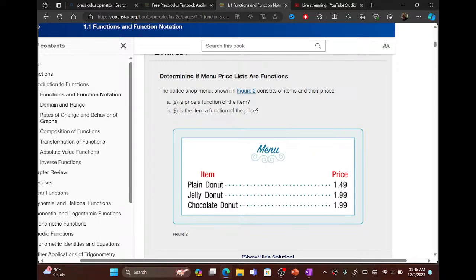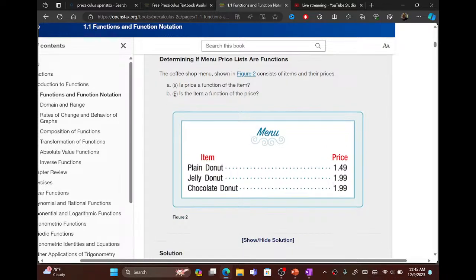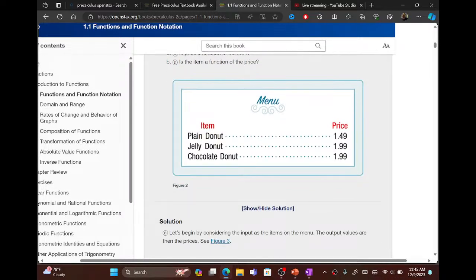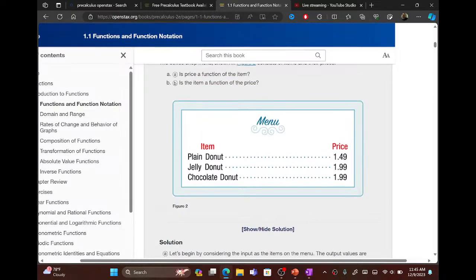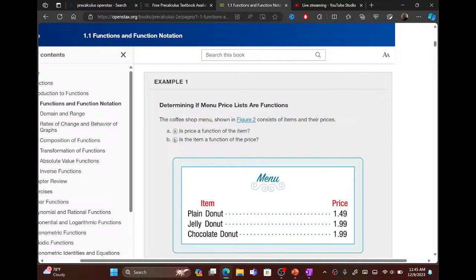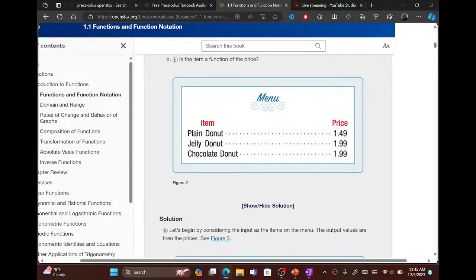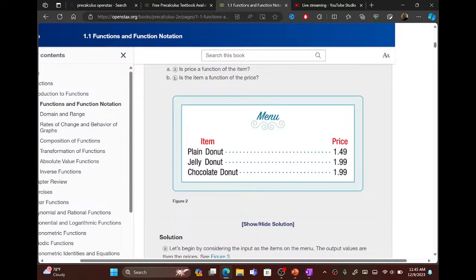So this one is going to be, we obviously can tell that the first one is true, but part B says, is the item a function of the price?